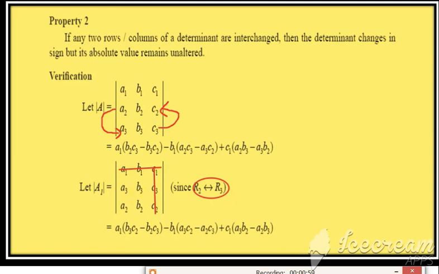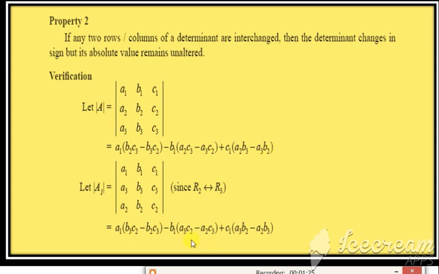So now I am going to see here that only the signs change, not the values. Determinant of A is A1 B2 C3 minus A1 B3 C2 minus B1 A2 C3 plus B1 A3 C2 plus C1 A2 B3 minus C1 A3 B2.